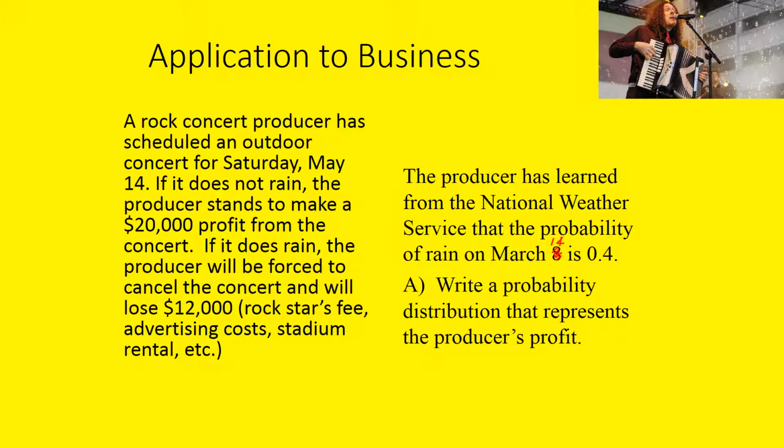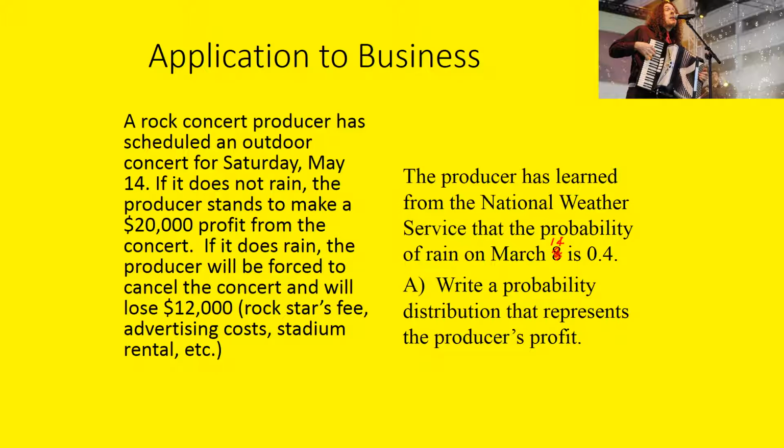If it does not rain, the producer stands to make a $20,000 profit from the concert, he estimates. If it does rain, then the producer will be forced to cancel the concert and will lose $12,000. The rock star's fee, advertising costs, stadium rental, etc.